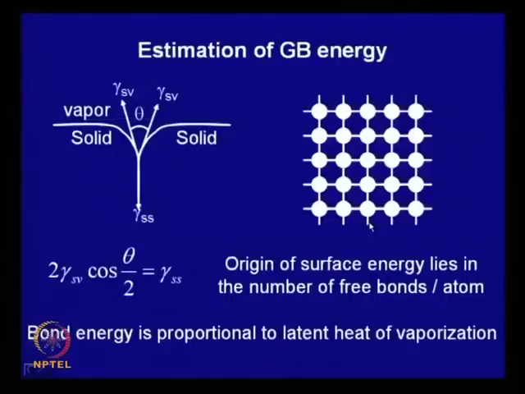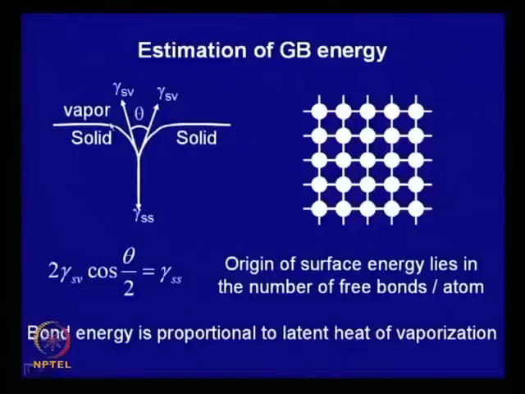Now, how do you estimate it? The grain boundary has an energy, but is it possible to estimate the grain boundary energy? Yes, it is. One of the simplest ways is to take a polished material with a mirror finish and heat it in vacuum.